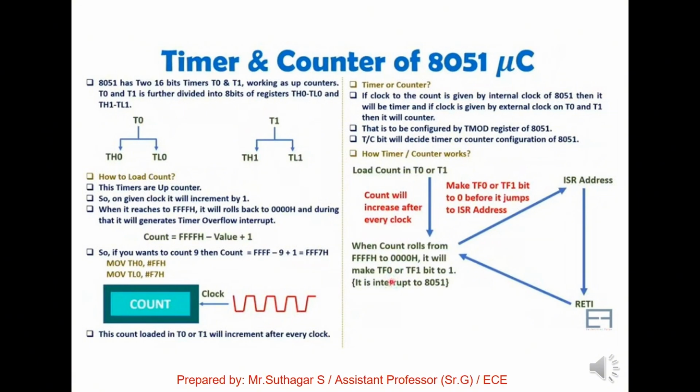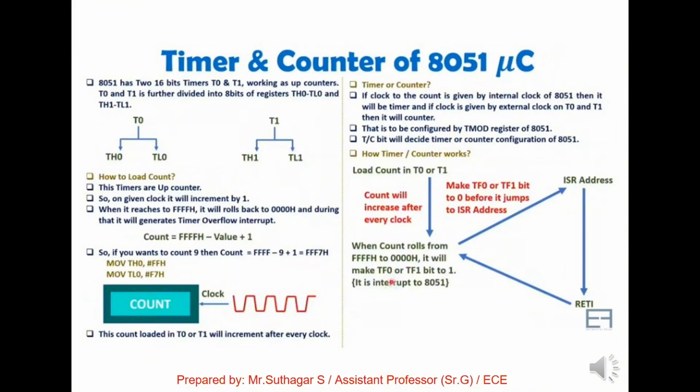The count is calculated with this formula: count is equal to FFFF minus the value you are going to count plus 1. For example, if your count value is 9, then FFFF minus 9 plus 1 gives you FFF7.